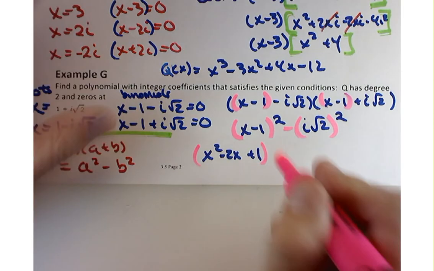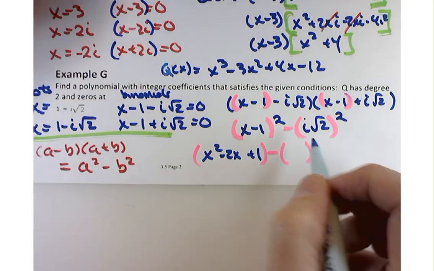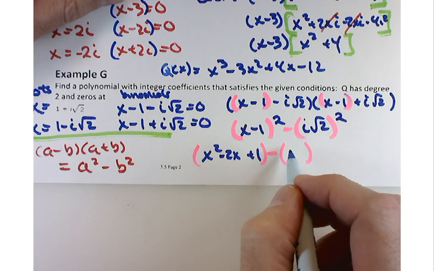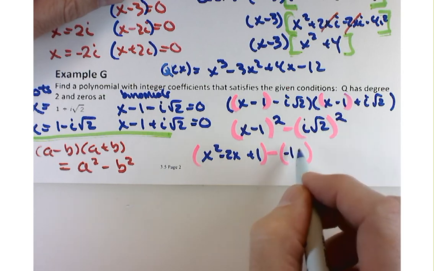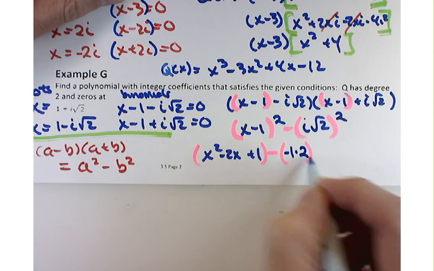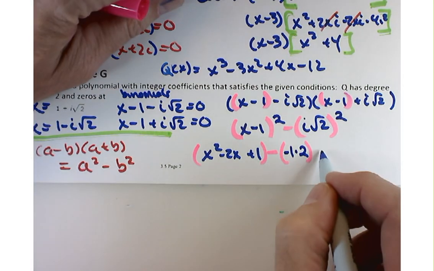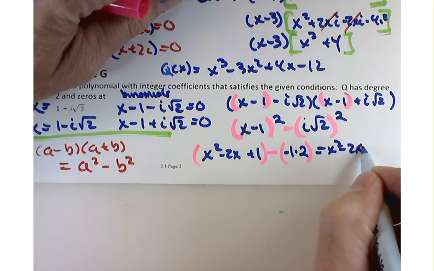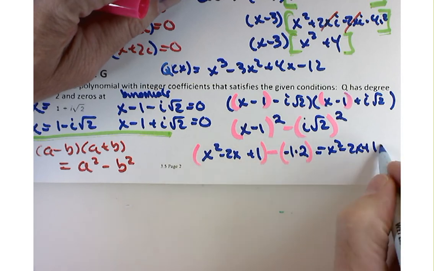Then minus i squared is, negative 1. And square root of 2 squared is 2. So what we end up with is x squared minus 2x plus 1, and then a double negative is a plus 2.